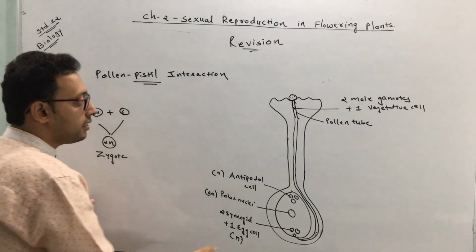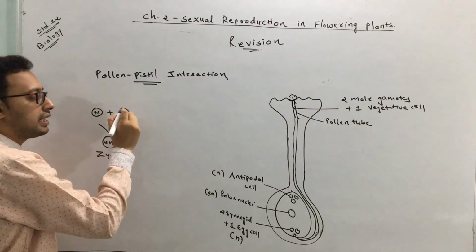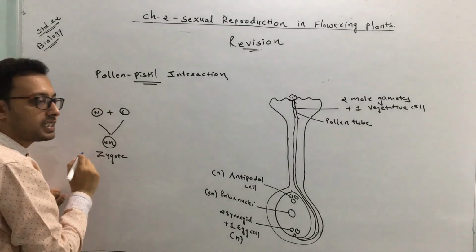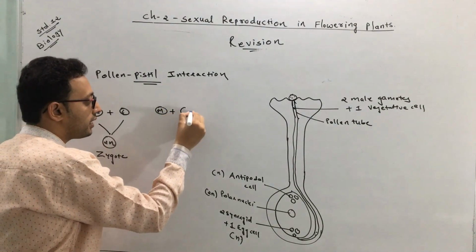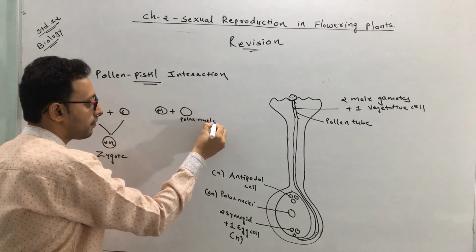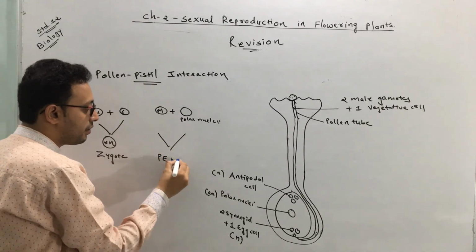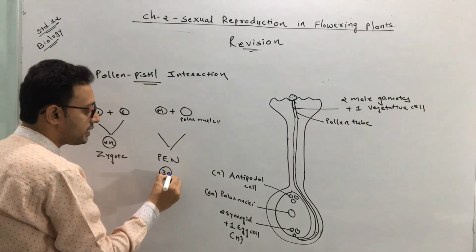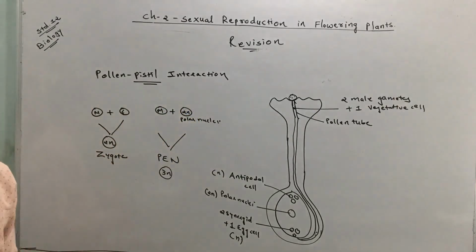Clear? Second, from the two male gametes, one has fused with the egg cell. The other male gamete fuses with the polar nuclei and forms the PEN, primary endosperm nucleus, that is 3N, because the polar nuclei is 2N and the male gamete is always haploid.